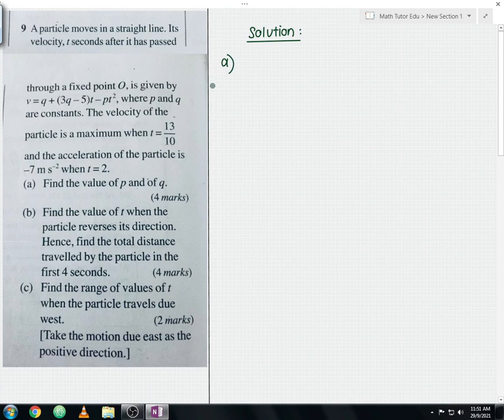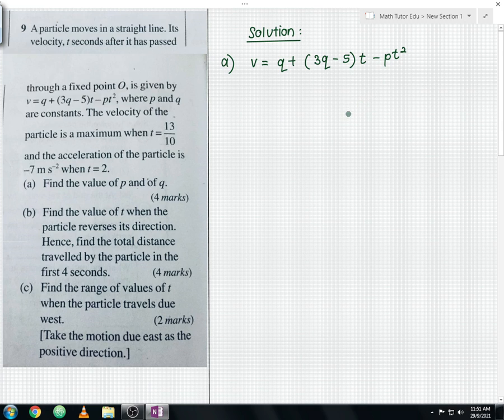Okay, so let me write the velocity equation given by the question, where v equals q plus (3q minus 5)t minus pt².